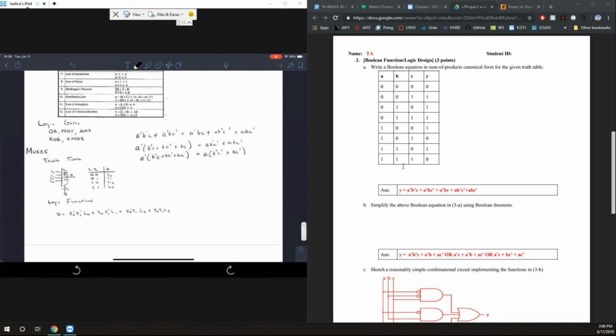So you can do this one, right? B C complement plus C turns into 1, so this is just A B. Thank you to whoever wrote that, because I'm bad at this.